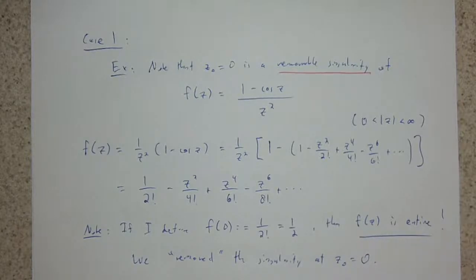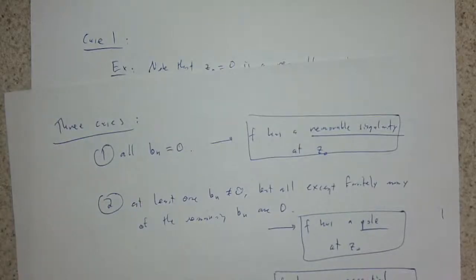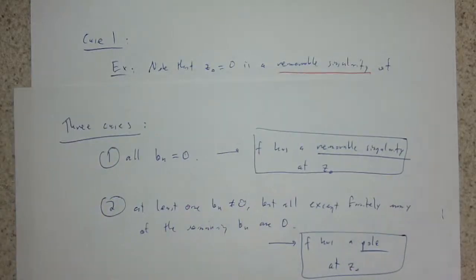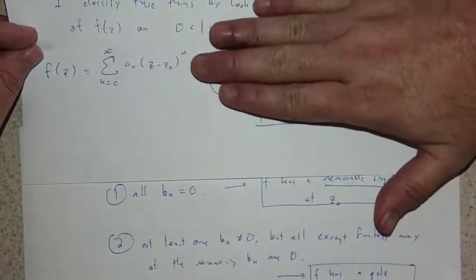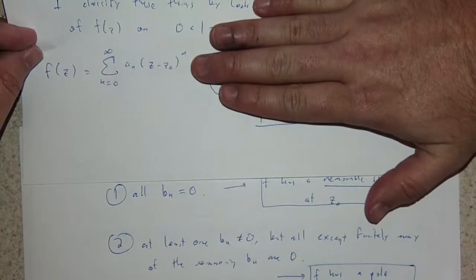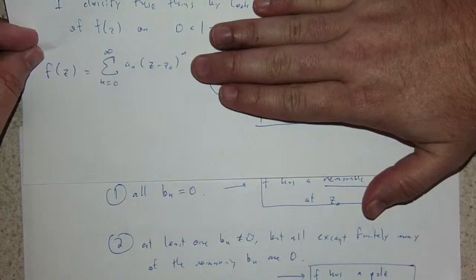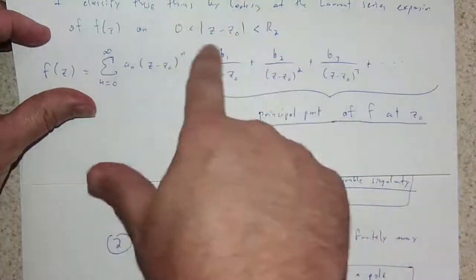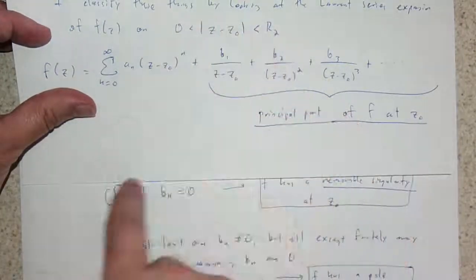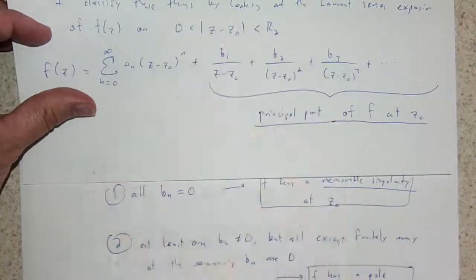We have removed it. But this makes perfect sense when you go back to how we actually defined these things. The case we're in is when all of these negative power coefficients are 0. And so what is f? f is just a power series. And if f is a power series, we know that it's analytic. It's just that we're considering this Laurent series on some punctured disk or an annular domain, in this case a punctured disk at z0.